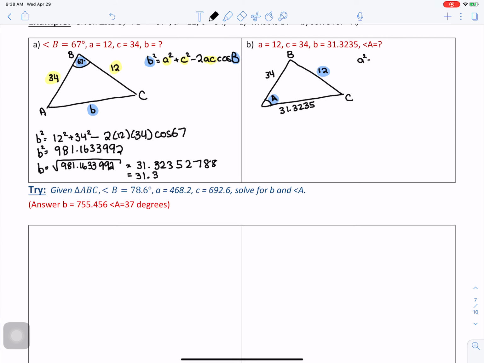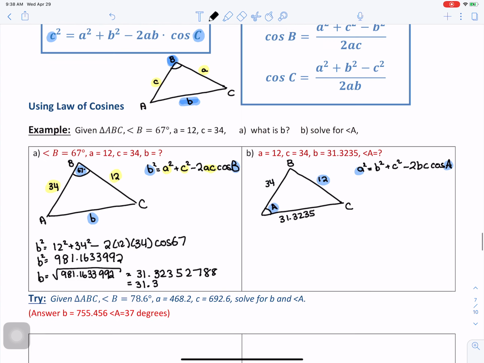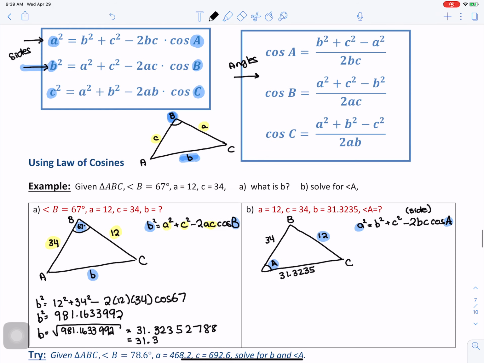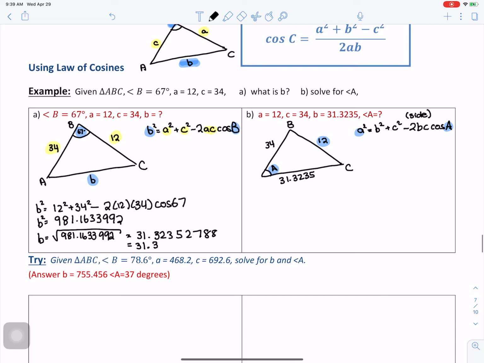So A squared is equal to B squared plus C squared minus 2BC cosine capital A. You have to remember that this is the pairing I'm looking for. So that has to be in the proper position. Now this time I'm looking for an angle. So instead of using the formula that relates to the side, although you can rearrange it, we want to use the A formula that allows us to solve for the angle.